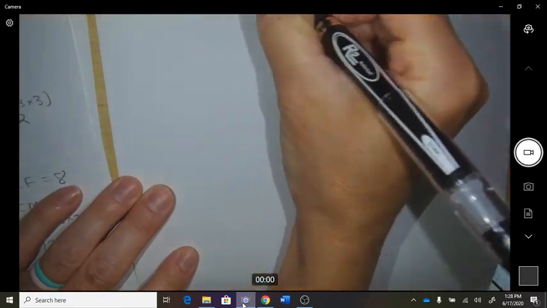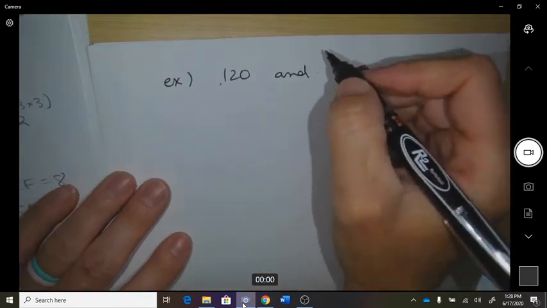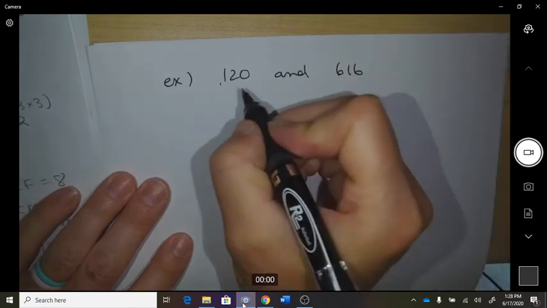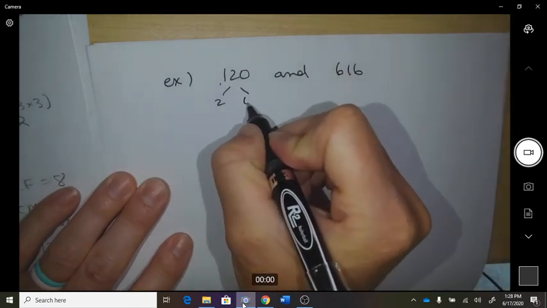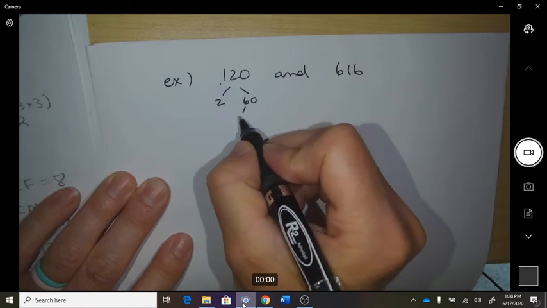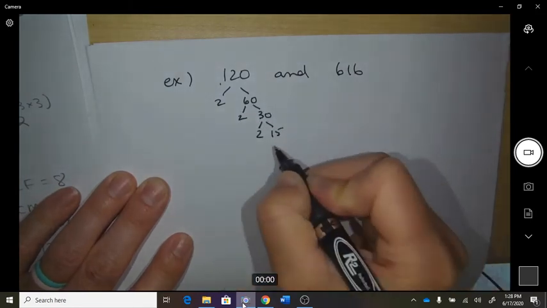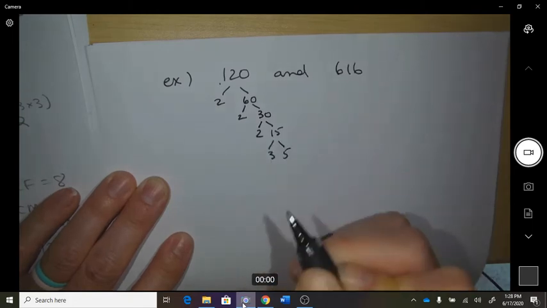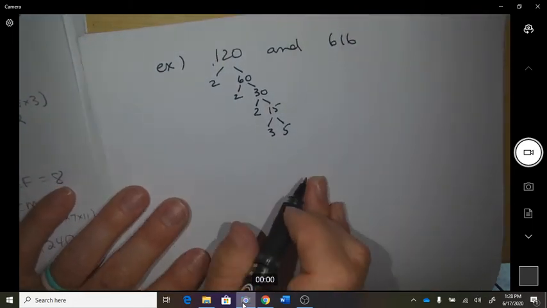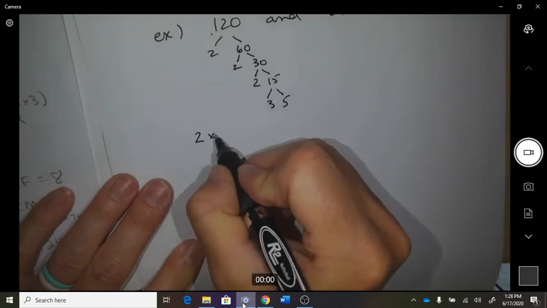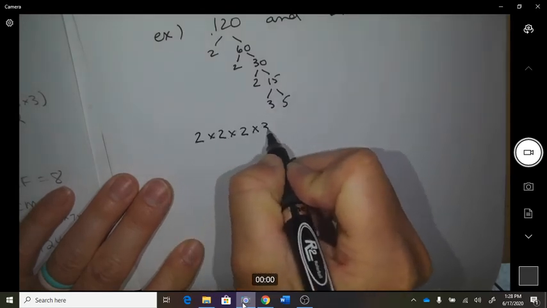Okay, 120 and 616. So that's 2 times 60. 60 is 2 times 30. 2 times 15. 3 and 5. Okay, and I think I'm done breaking down. Can't go any further. 2 times 2 times 2 times 3 times 5.